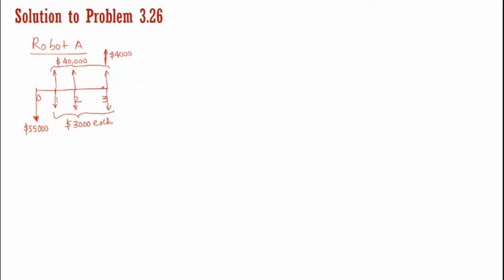Now what I see here is that we have two uniform series, or two annuities, at the same point of time. So arithmetically we can add and subtract if there are many transactions at the same point of time. So if I redraw this cash flow to simplify my calculations: 0, 1, 2, 3. The 55,000 is already at the present point of time.